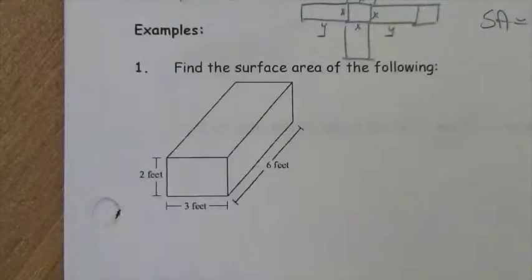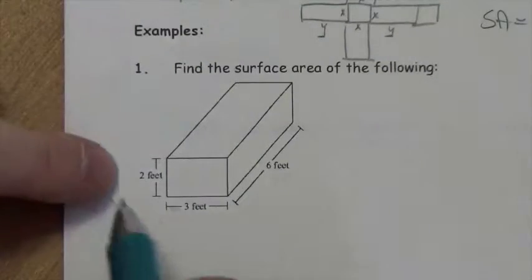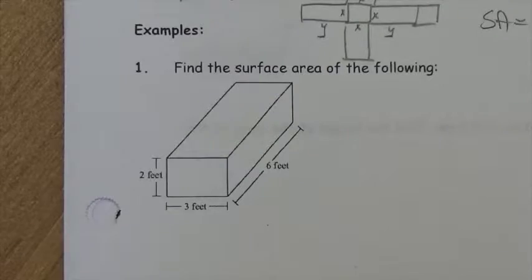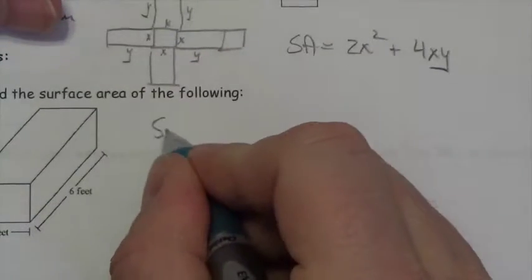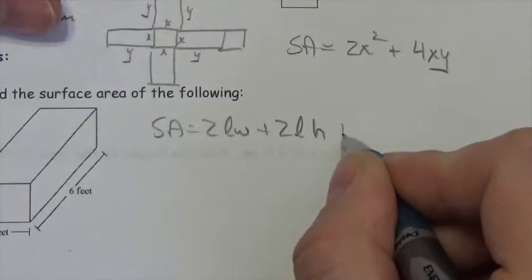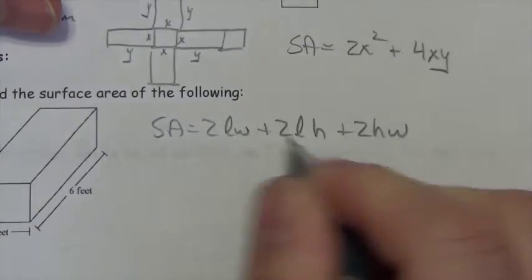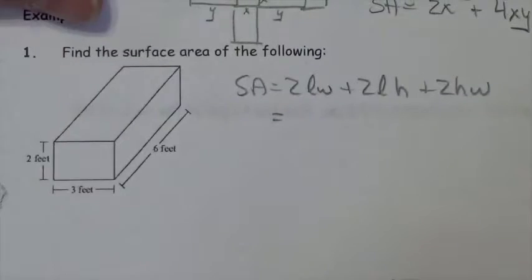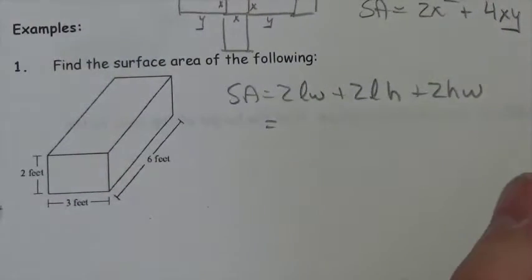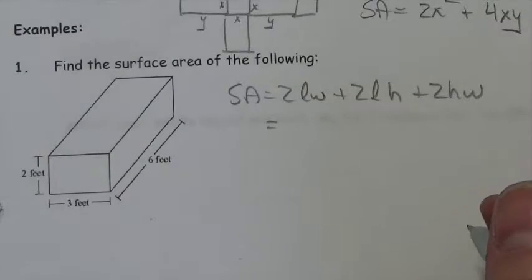Okay, so this question says, find the surface area of the following, and I can tell by looking at this that this is a rectangular prism because none of the dimensions are the same. There's nothing repeated here. So my surface area is going to be 2 length times width plus 2 length times height plus 2 height times width. Okay, so now I really have to just decide which of these counts as length, which one counts as width here, and which one counts as height.